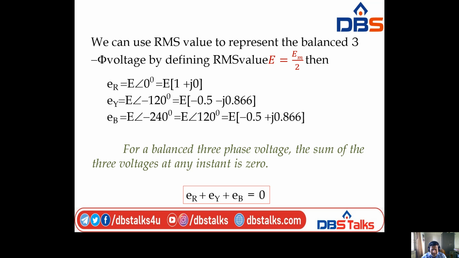For a three-phase balanced system, the three balanced voltages ER, EY, EB may be represented like this. For a balanced system only, the sum of the three voltages at any instant is equal to 0. That is ER plus EY plus EB equals 0, right?